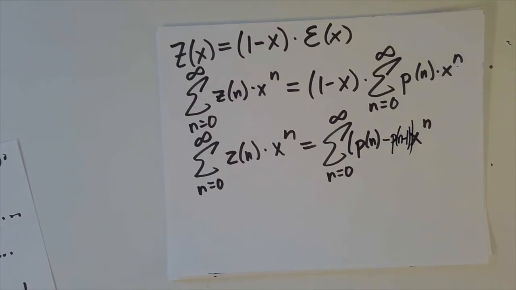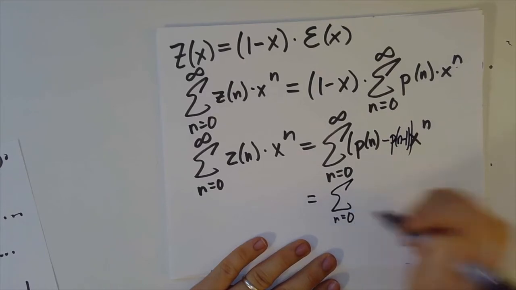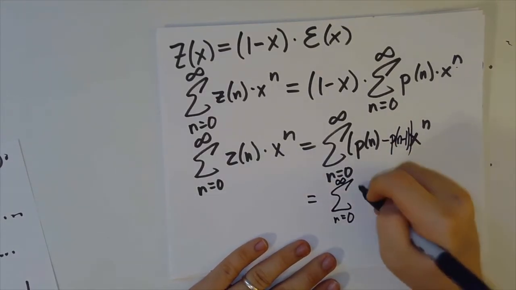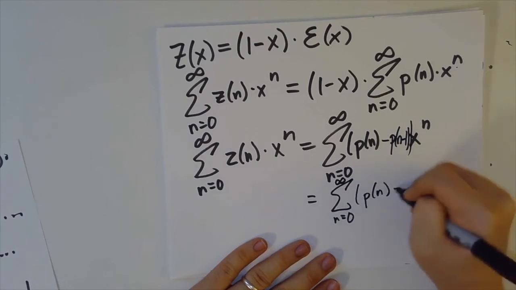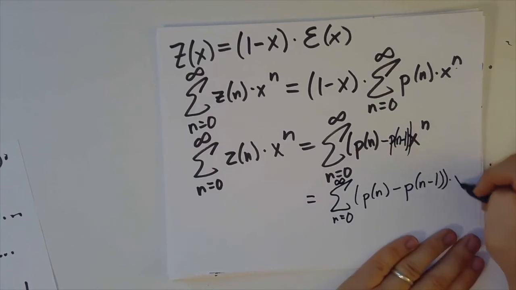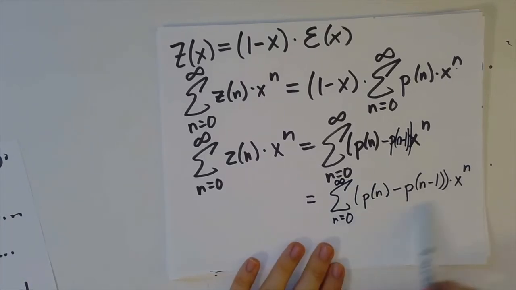Okay, just to write that out more clearly so that this all works out. What I said there is that this works out to be p(n) minus p(n minus 1) times x to the n. Okay, and again, just to repeat, where does this come from?